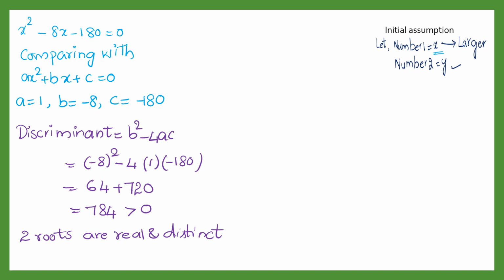Next, now we can find the roots by using quadratic formula. What is that? X is equal to minus b plus or minus root of b square minus 4ac by 2a.